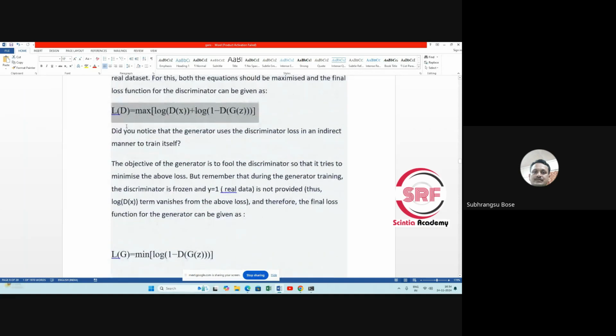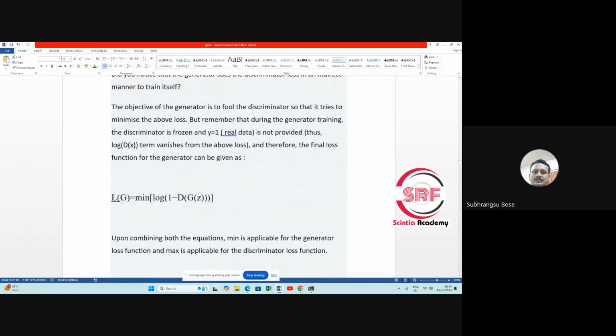This is the discriminator loss, and this is the generator loss. I want to minimize it, which means log of 1 minus D(G(z)). The objective of the generator is to fool the discriminator, so it tries to minimize the above loss. But remember that during generator training, the discriminator is frozen, and y equal to 1, real data, is not provided. Thus, the log D(x) term vanishes from the above loss, and therefore the final loss function of the generator can be given as this.